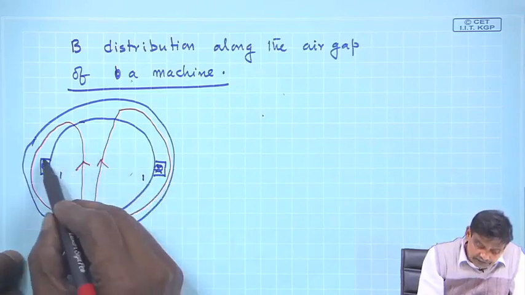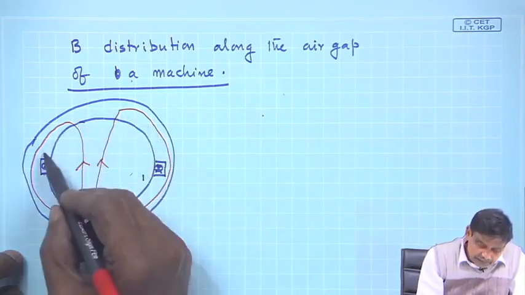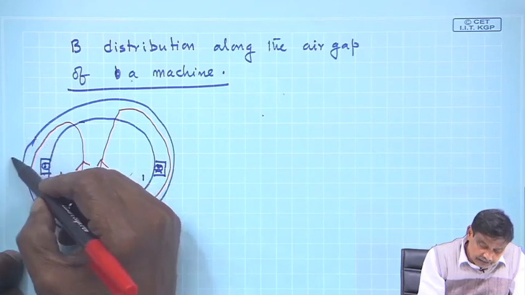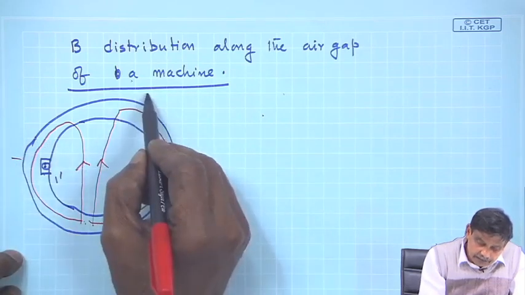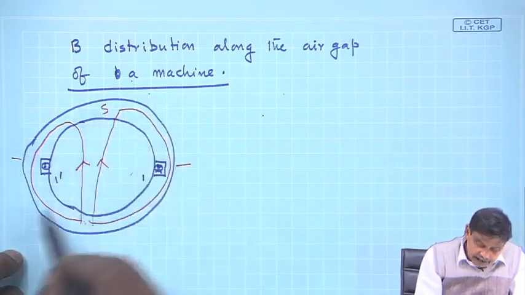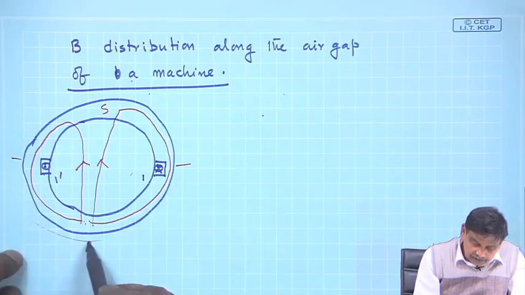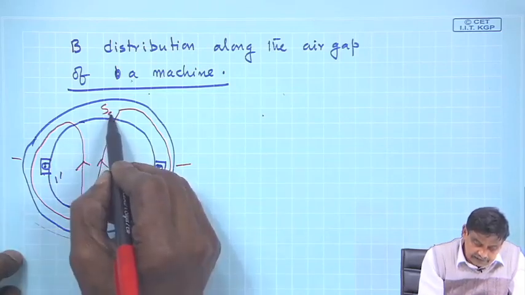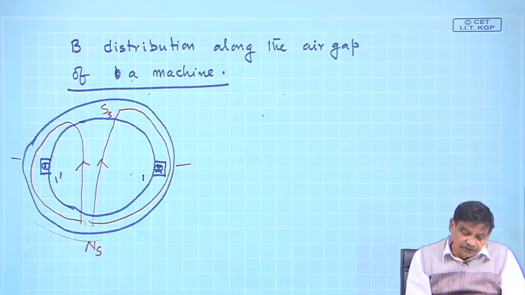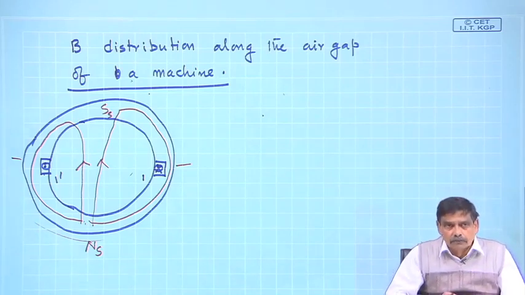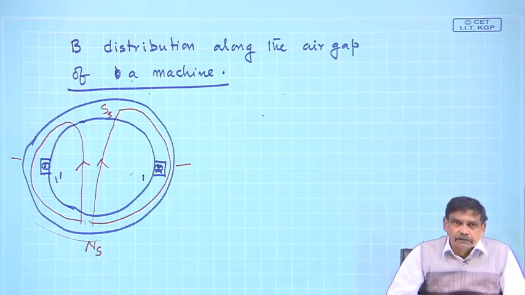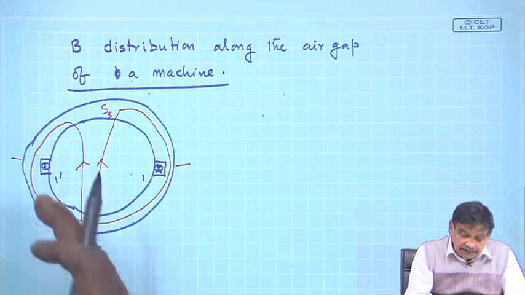So, what will happen? This hub of the iron will become a south pole, and this hub will become a north pole, N S and S S stator. Now, the question is, I want to estimate what will be the strength of that field and what will be the nature of that field.